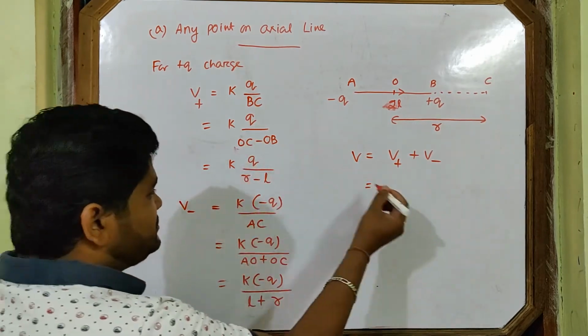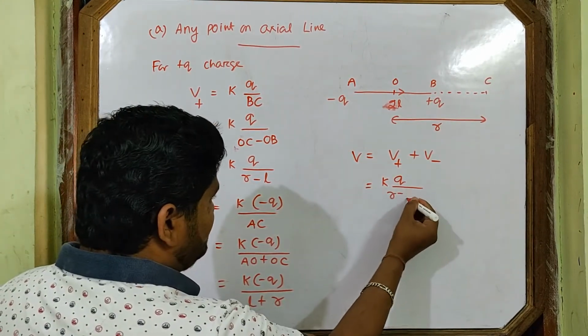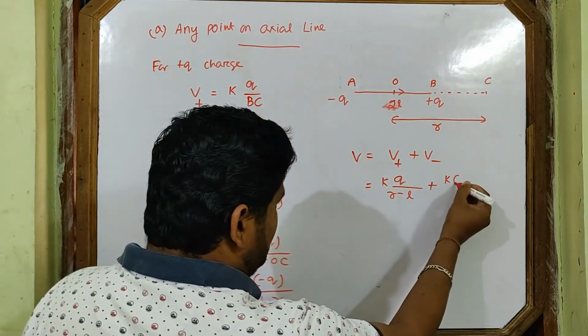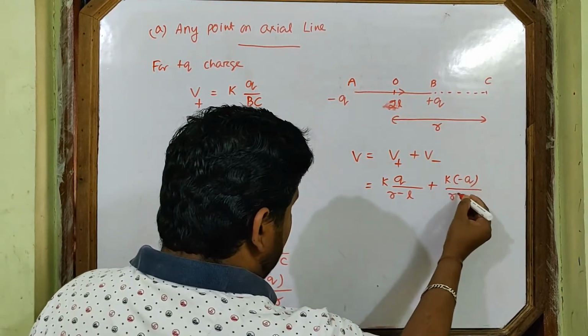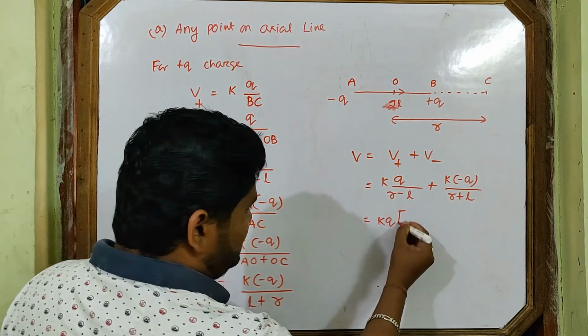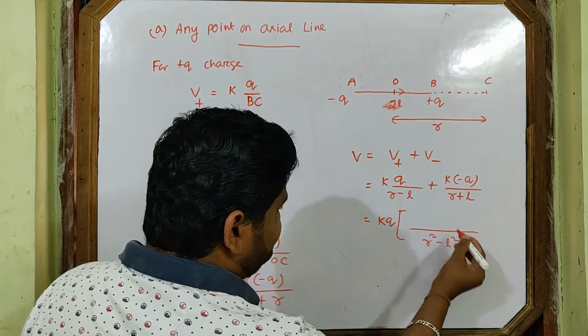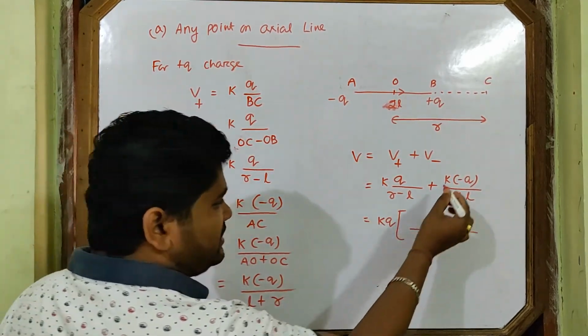Put the expressions: V plus is KQ by R minus L, and V minus is K minus Q by R plus L. Then take KQ common. For R minus L and R plus L, what is the LCM? A plus B whole into A minus B becomes A square minus B square.